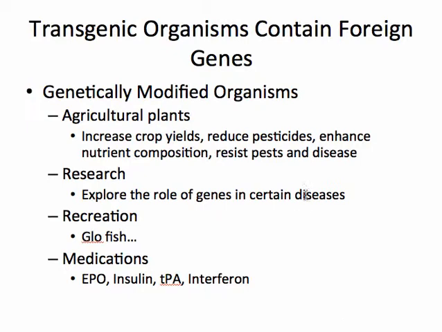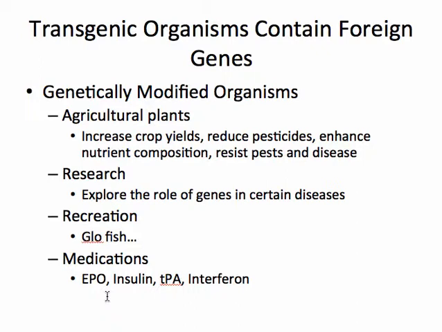You can see in this list that we use genetically modified organisms in a lot of different areas, like agriculture, definitely research. I put recreation on here. You can go to Walmart and buy genetically modified fish that glow in different colors now, and that's all because of DNA manipulation. And there's many medications. So EPO is erythropoietin.